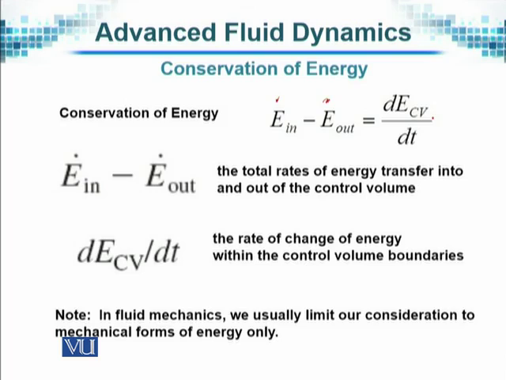And if it is a linear consideration, then the lower limit of integration and upper limit of integration indicate the limitation. And again, writing it down as rate of change of energy in minus rate of change of energy out shows the total energy transfer into and out of the control volume.